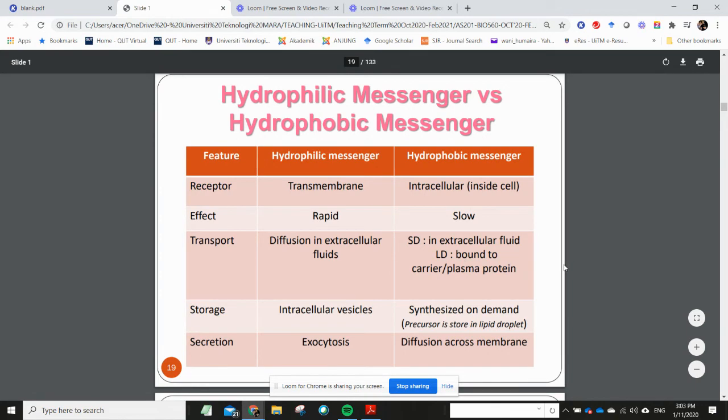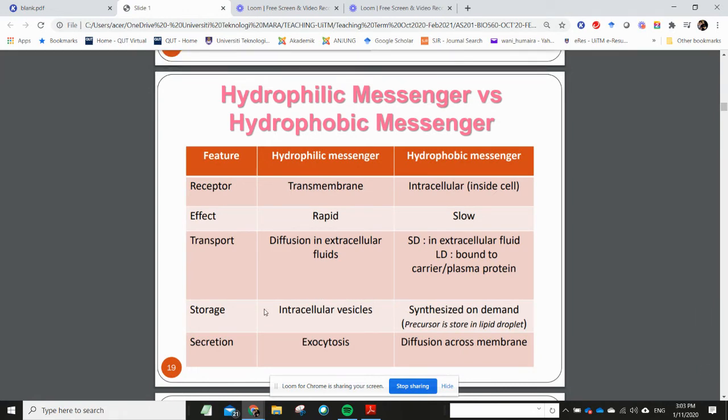In terms of storage, the hydrophilic messenger is stored in intracellular vesicles. Remember, the endocrine cell secretes this hydrophilic messenger and keeps it stored in the vesicle. Upon release, it needs to execute exocytosis so that the chemical messenger can be released to the outside environment, to the target cells.